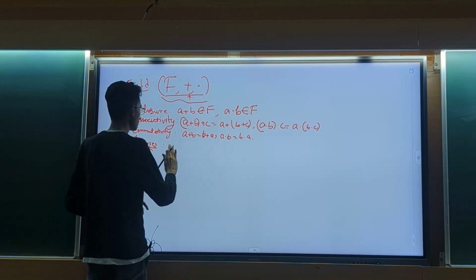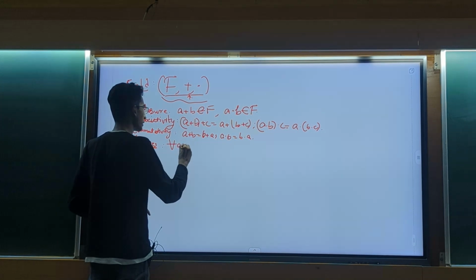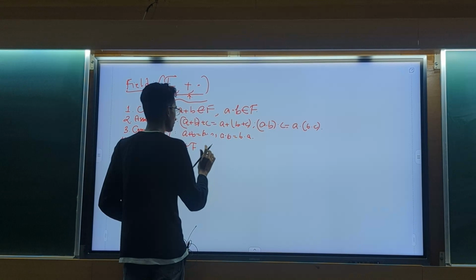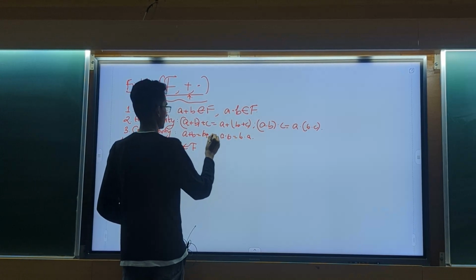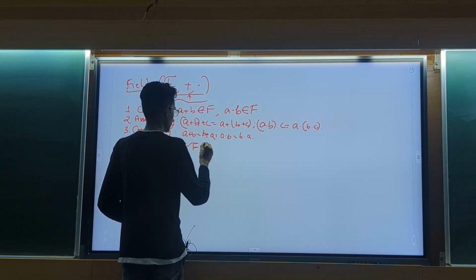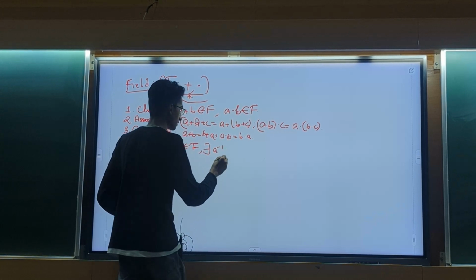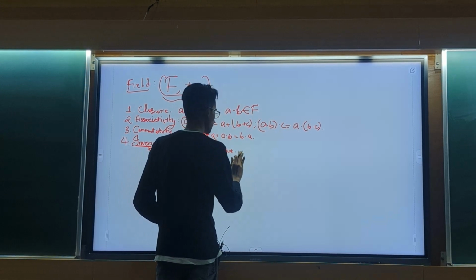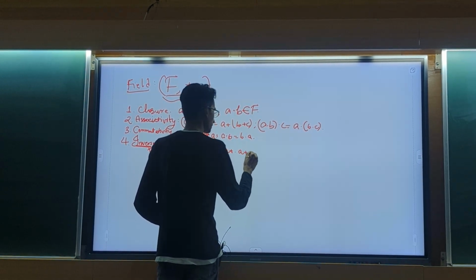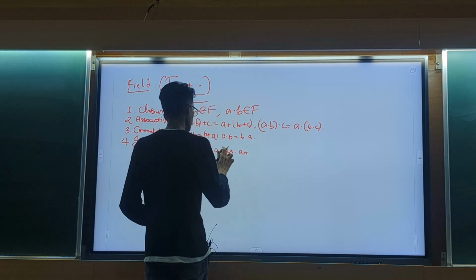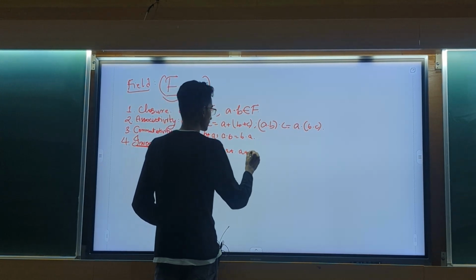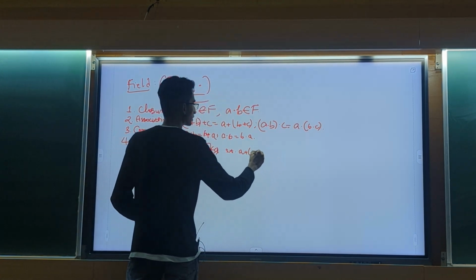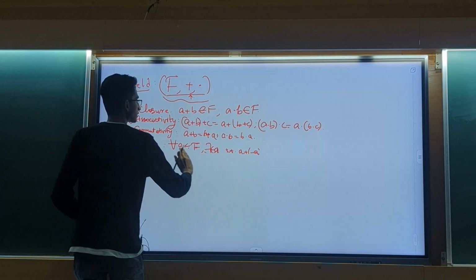So for all A that belongs to the field, there exists minus A such that A plus minus A is equal to, okay, I need to first define what 0 and 1 are.